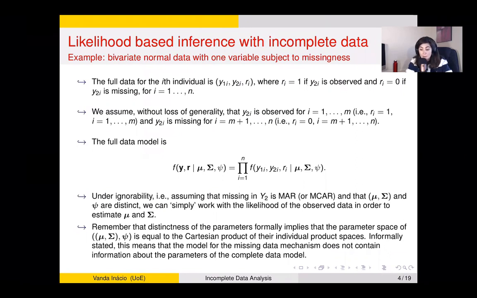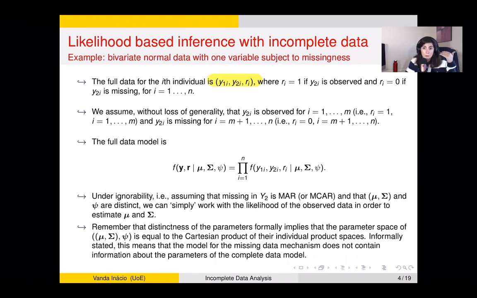For an individual, say, the full data is given by y1, y2, and R. R is the missing data indicator. Without loss of generality, just because it simplifies the maths, let us assume that y1 is fully observed, but that y2 has some missing values.